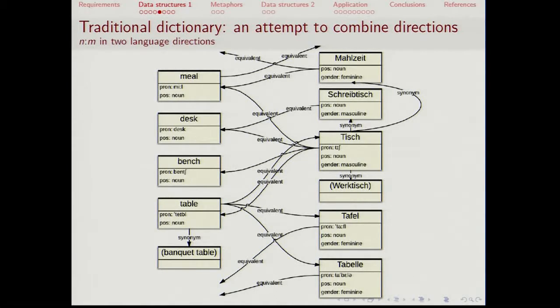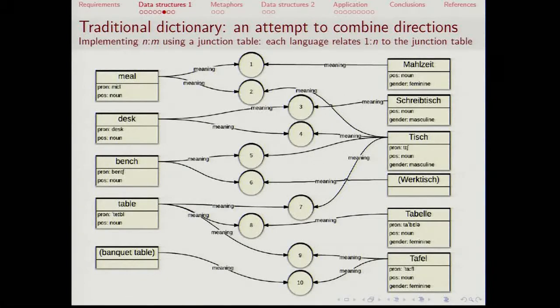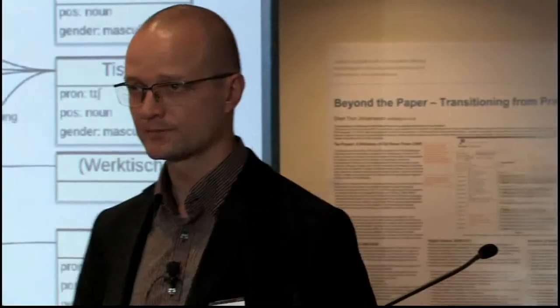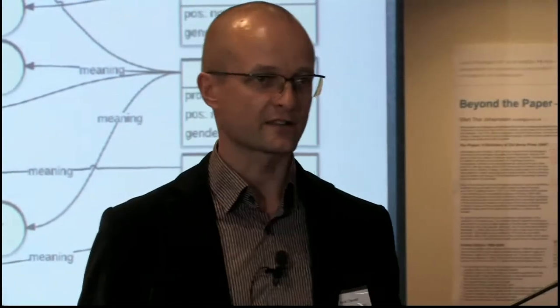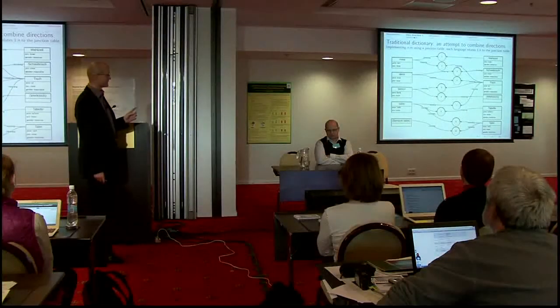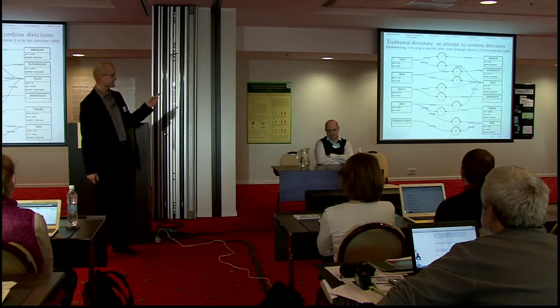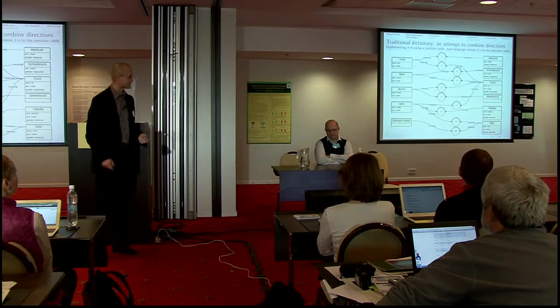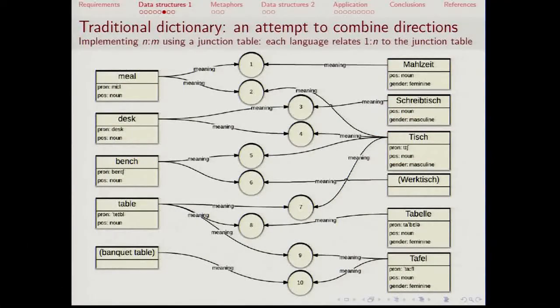In a relational database, what they do is they use an intermediary table, what they call a junction table, which connects the two tables of words that we had so far. Now I've added the circles in the center represent the junction table.